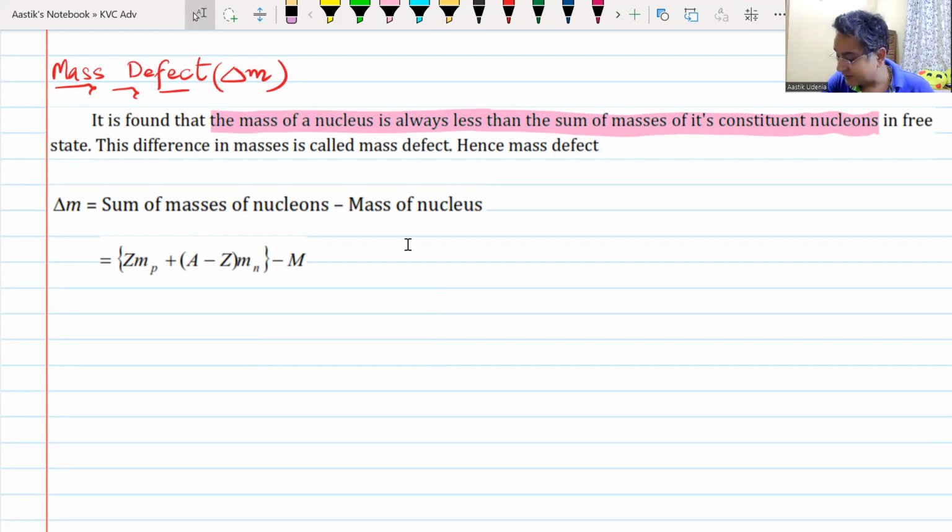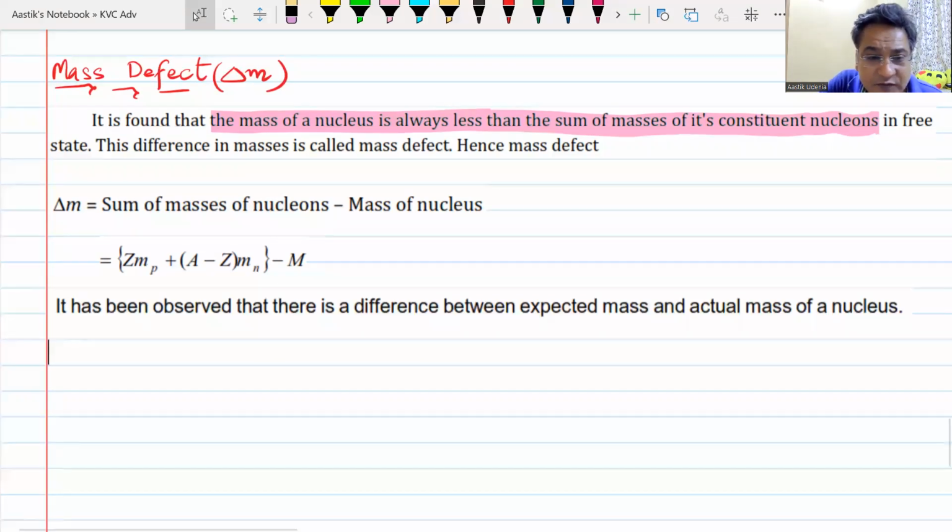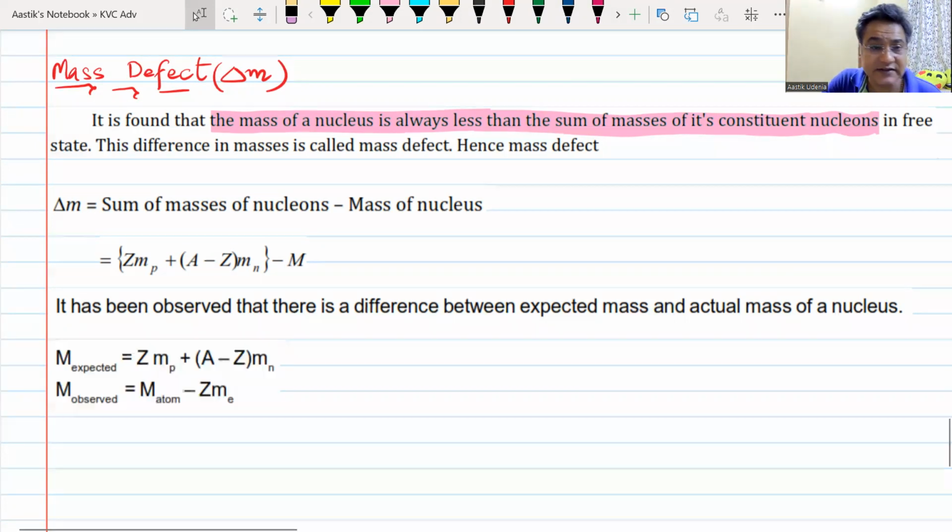It is the difference between the expected mass and the actual mass of the nucleus. What do you mean by the expected mass and the actual mass? The expected mass is the mass of protons plus the mass of neutrons. That is the expected mass.